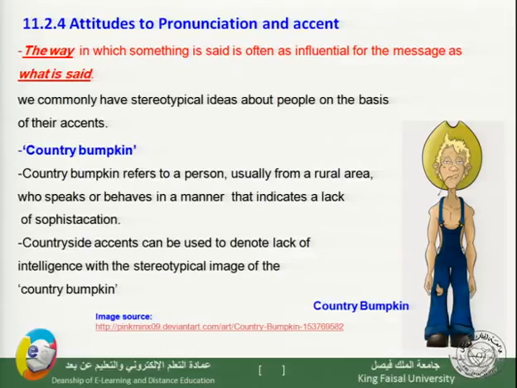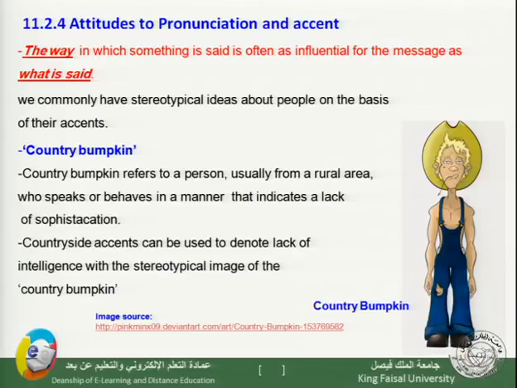One example of a stereotypical way of judging people, of having preconceived ideas about people, is the idea of the country's pumpkin. This image, as you can see in this slide, is an example of what a country's pumpkin is.